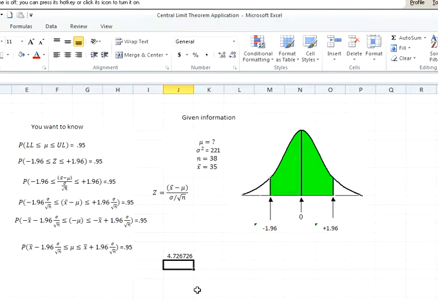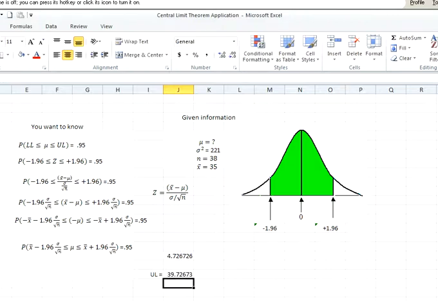So the only thing that I have to do to get the upper limit, UL, is equal to, I have to add x bar to it. X bar is 35, so I can say equal to 35 plus this. This is my upper limit.